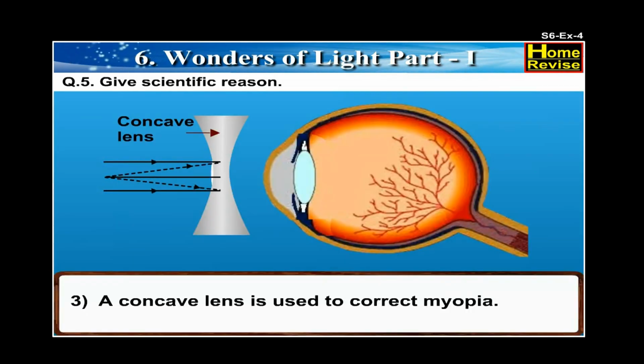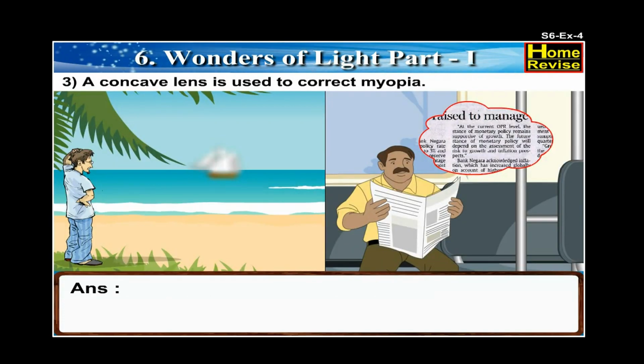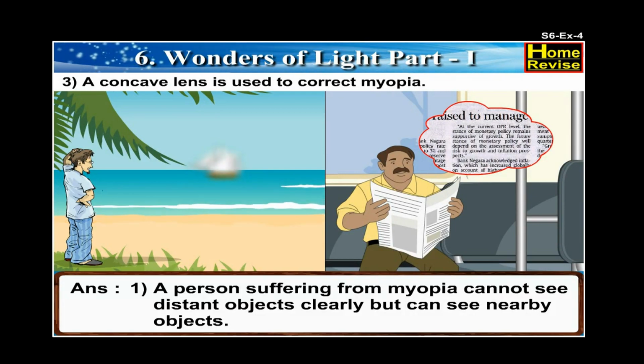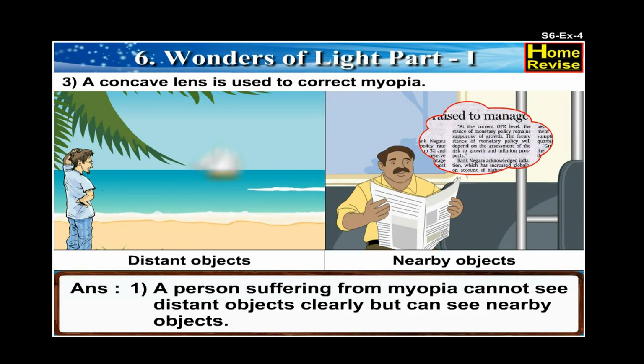Third, a concave lens is used to correct myopia. Answer. 1. A person suffering from myopia cannot see distant objects clearly but can see nearby objects.